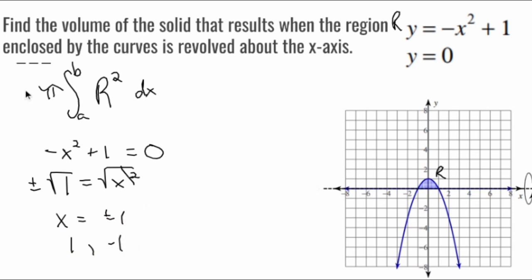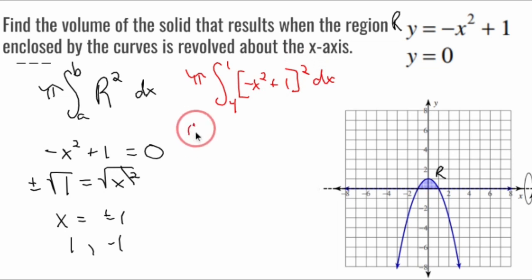All right, so now I know what I have. I think if I do all of this here, that leaves me with enough room. I have pi times my upper limit, which is going to be positive 1, my lower limit, which is going to be negative 1, my equation, which is going to be negative x squared plus 1, all of that squared dx.